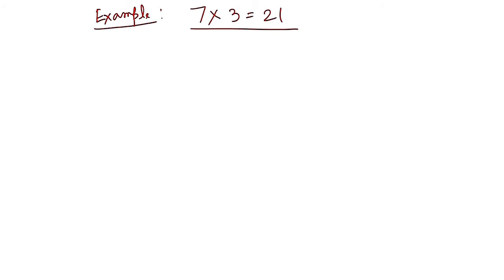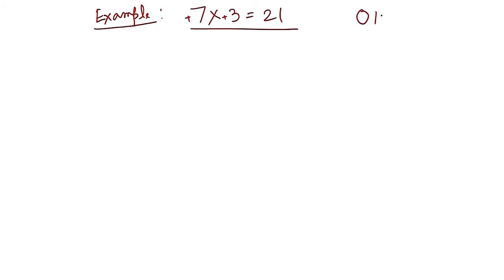This is a positive number, this is also a positive number. We will have a few more examples here. So, the positive number is, let us say, 0 1 1 1.